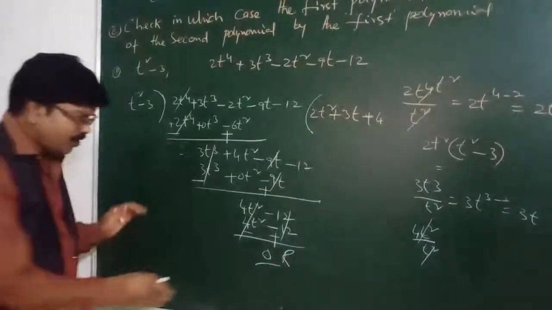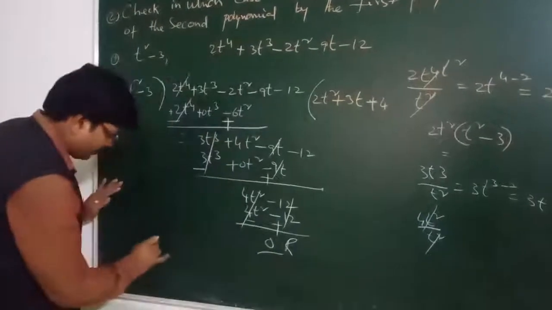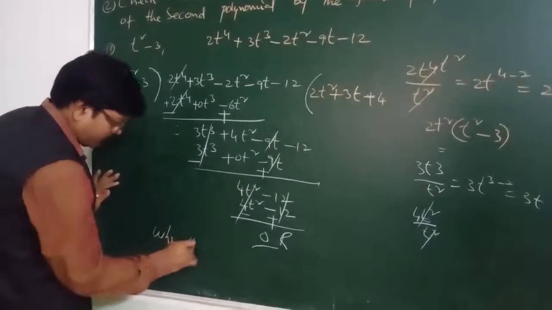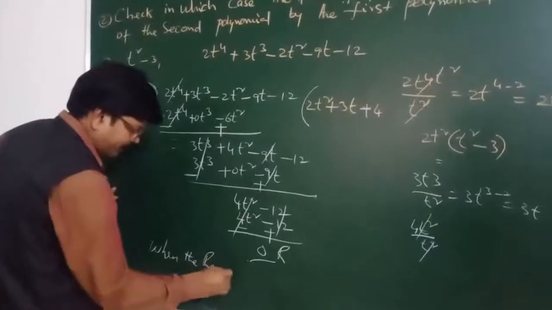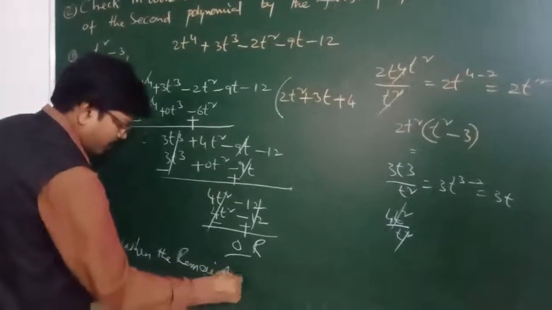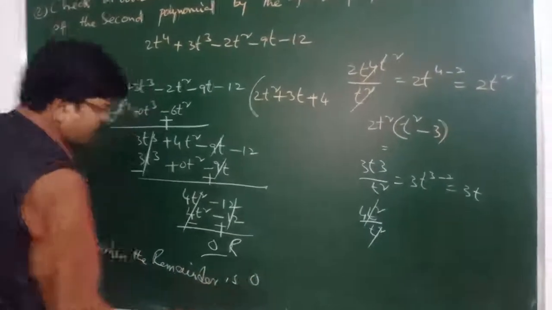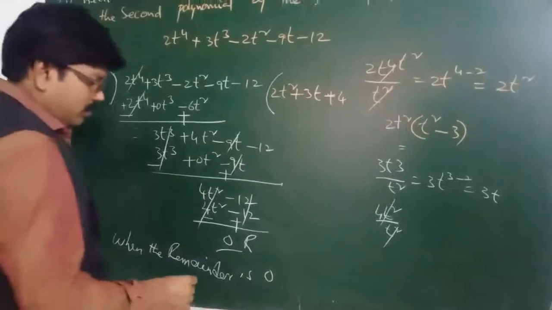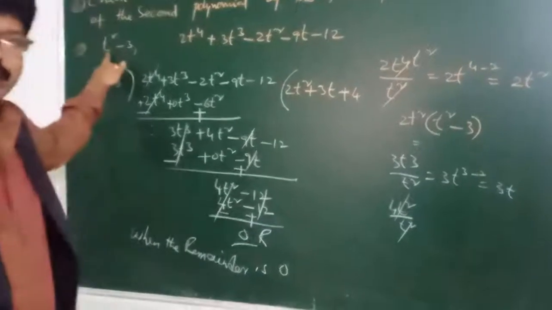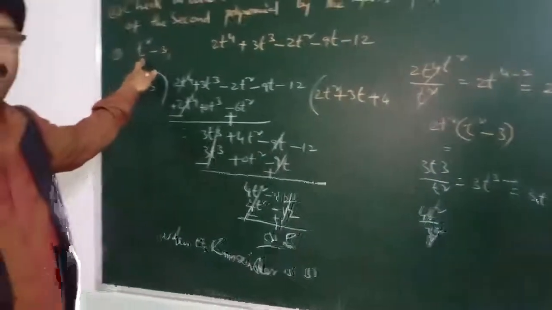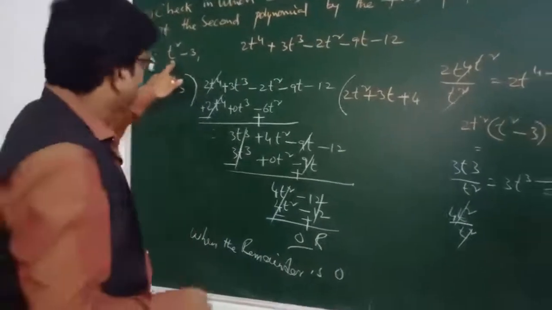When the remainder is 0, the given divisor is a factor of the dividend.